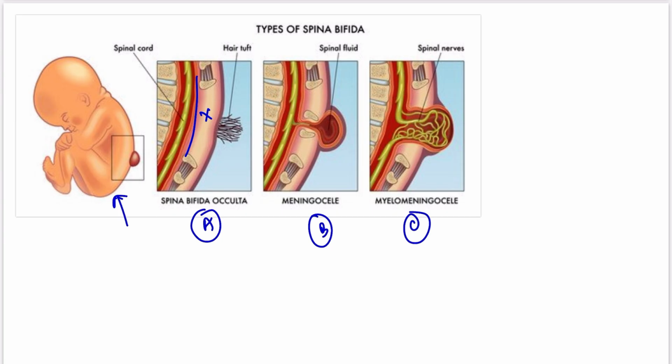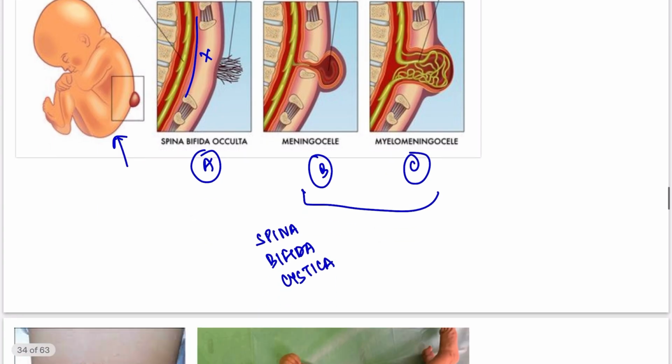So this is meningomyelocele, right? In both of these forms, I can see a cyst-like structure coming out of the back. That's why collectively we label them as spina bifida cystica. Spina bifida cystica, right?